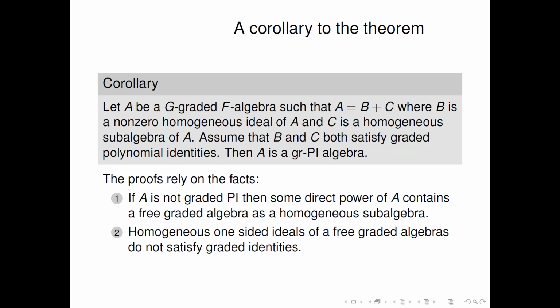To mention some idea of the proof: first, if A is not graded PI, then it can be shown that some direct power of A contains a free graded algebra as a homogeneous subalgebra. And then it is known in the ungraded case that if you take a one-sided ideal of a free graded algebra, which is homogeneous, then it will not satisfy a graded identity.